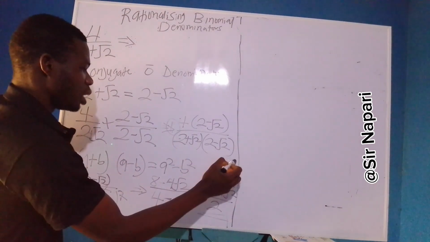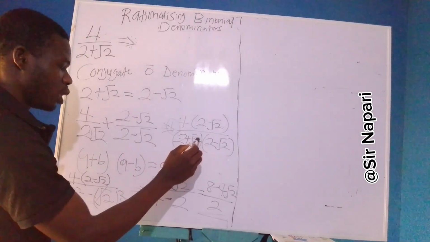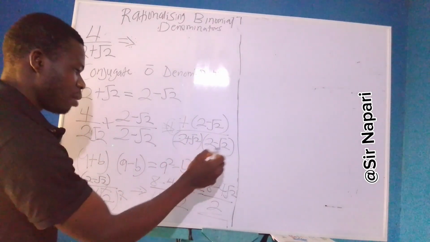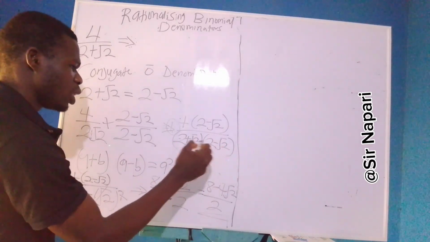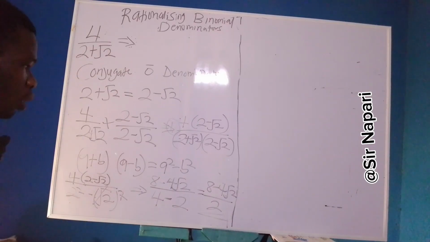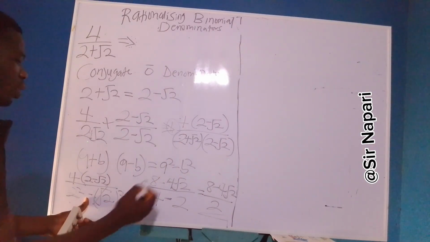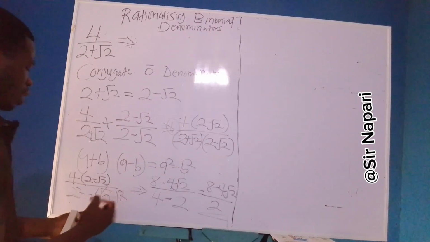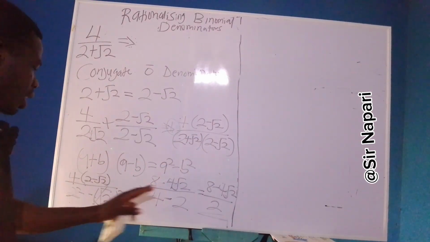When you look at our denominator here, we have a term which is 2 plus root 2, multiplied by the same first term minus the same second term. And so this one too is a difference of perfect squares. So we can take the first term squared, which is 2 squared, minus the second term squared, which is root 2 squared.